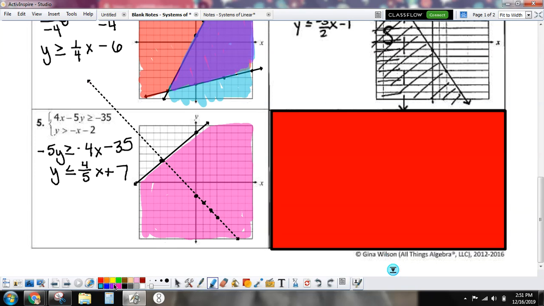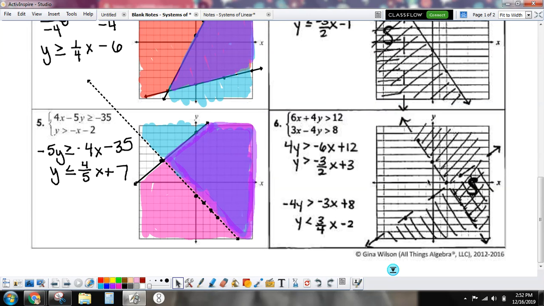So for everything greater than, I'll be shading above it. And then everything that's in this area here, but not including this line, is included in the solution set for this system of inequalities. Try the next one.